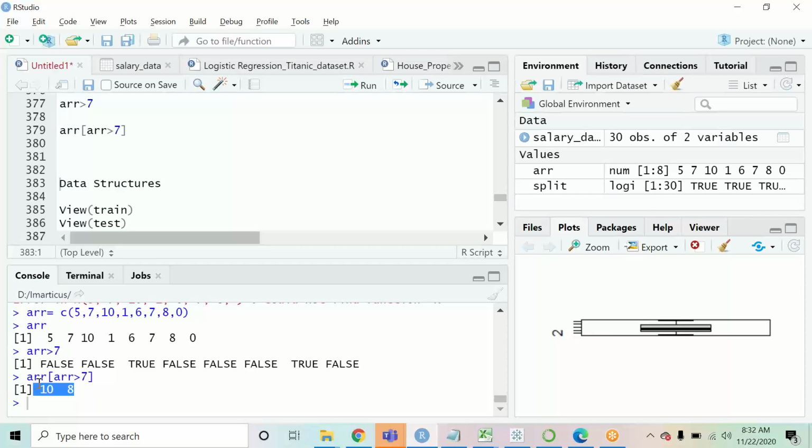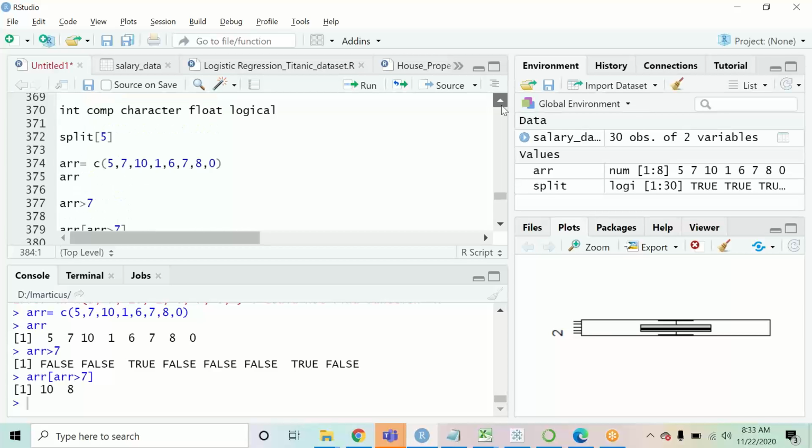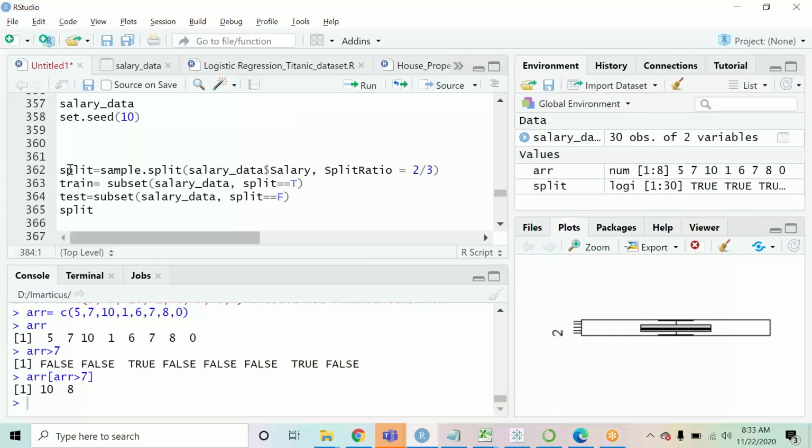Correct? So what this true and false is doing is basically putting a true or false on the index, right? The first index is false, second index is false, third is true, this is false, this is false, false, true, and false, right? So we are just assigning the index over here. The same thing is what we have done over here as well, right? We have created a variable split. What this is giving me is a vector, right?